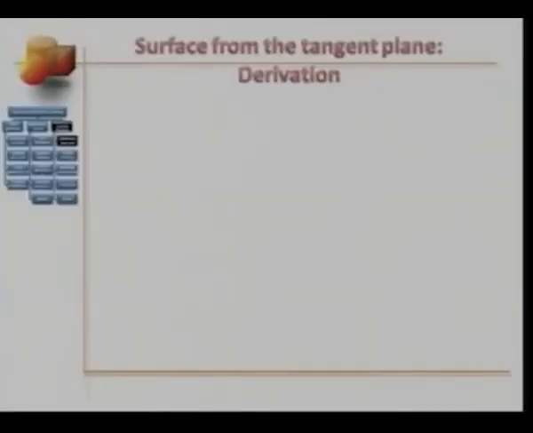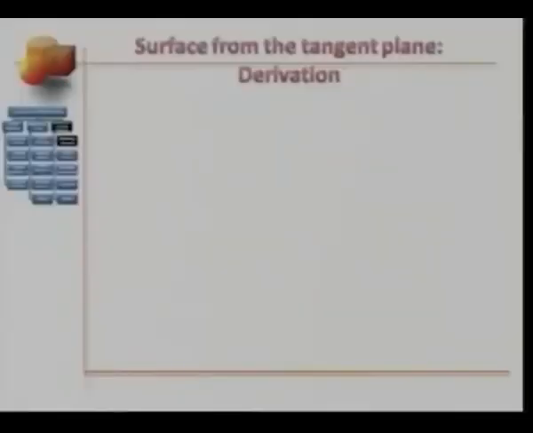A little recap. So last time we had classified points on surfaces with respect to the tangent plane. Let's revisit that discussion.